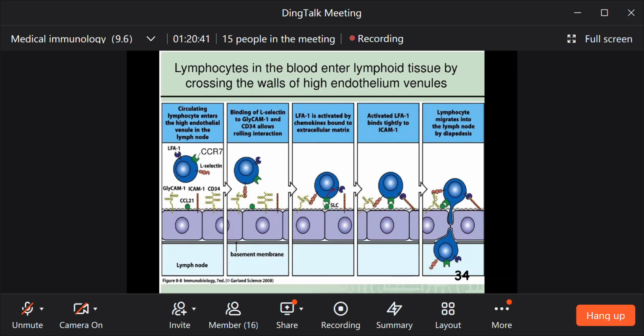It means another molecule helps the lymphocytes to locate, and later more and more molecules are expressed, so they help the cell enter the lymph nodes. This process is named homing.